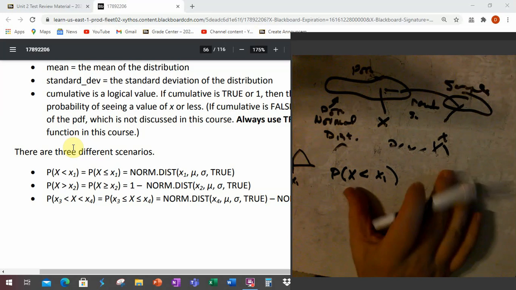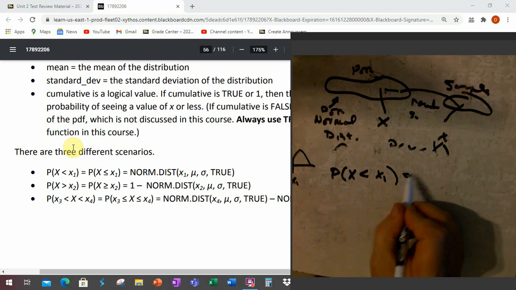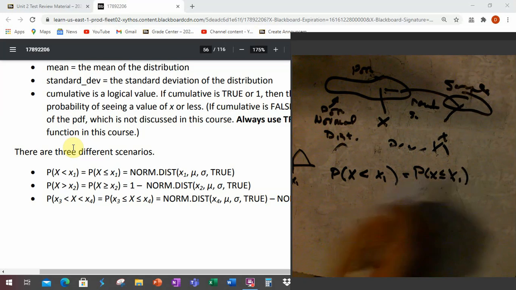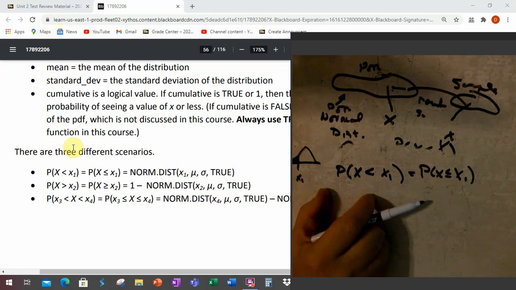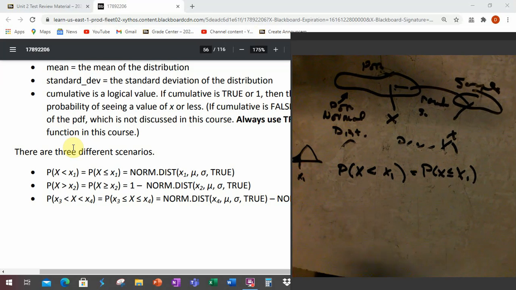For continuous random variables, not binomials, this is the very same thing as the probability x less than or equal to x1. There's no difference of adding that final line. Okay, there's not a big step in there like binomial. Okay, so this is what we would use. x1, the mean, sigma, true. Okay, over here to the left.